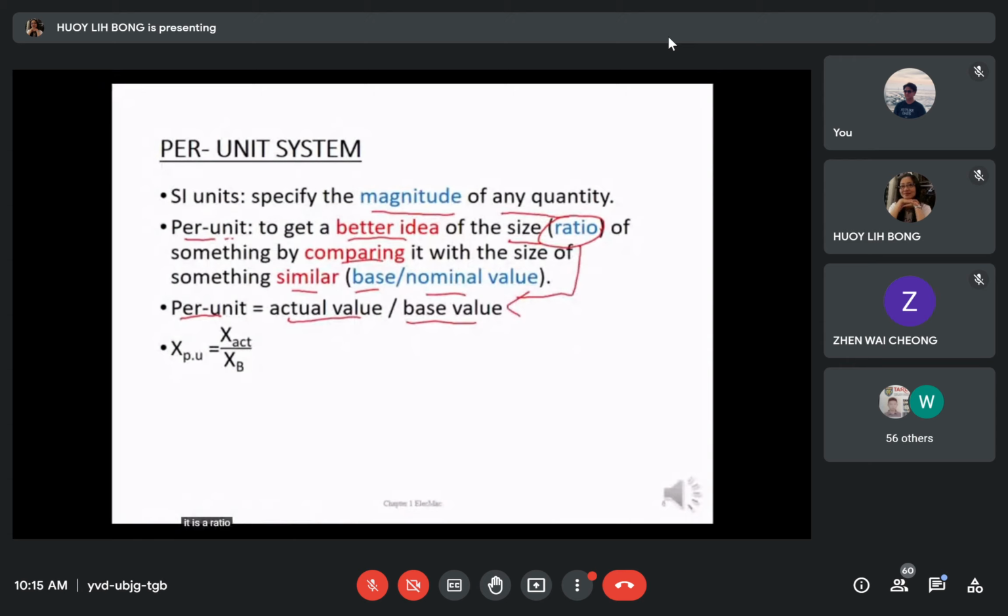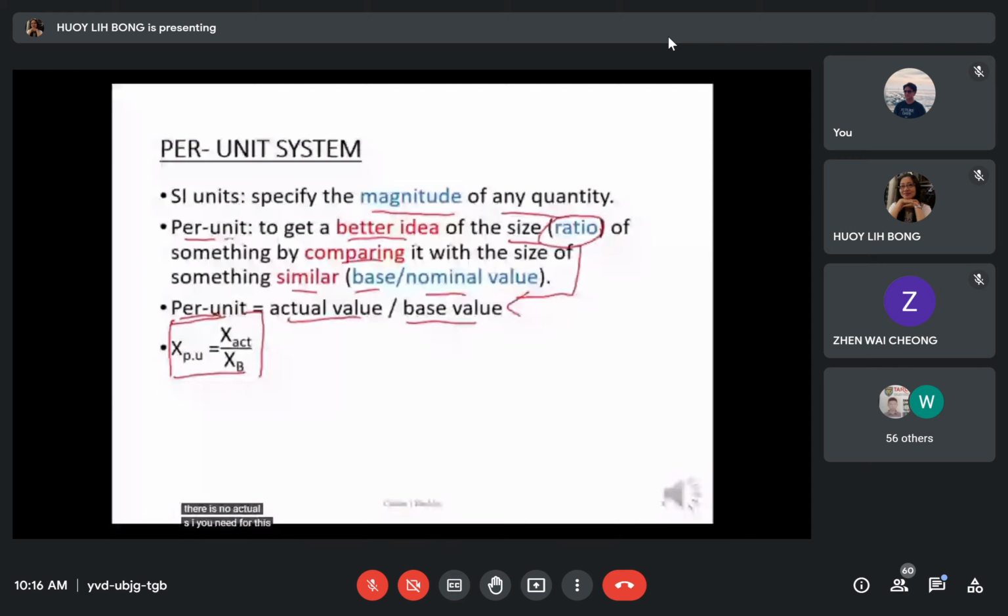which you can also express as the following equation. There is no actual SI unit for this as it is a ratio.